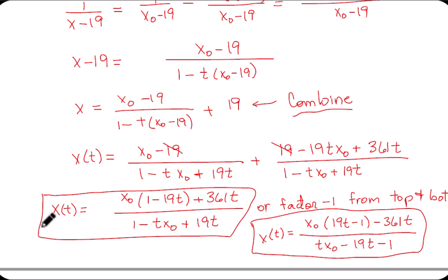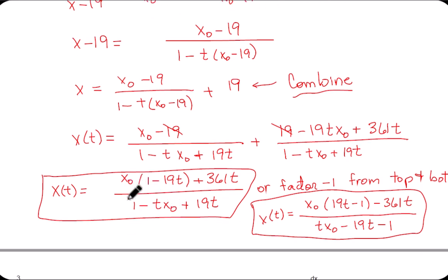And so I can get my solution for x of t, where the solution depends upon time. And it also shows you what happens if you change the initial condition.